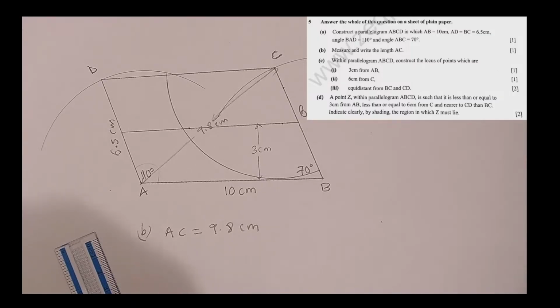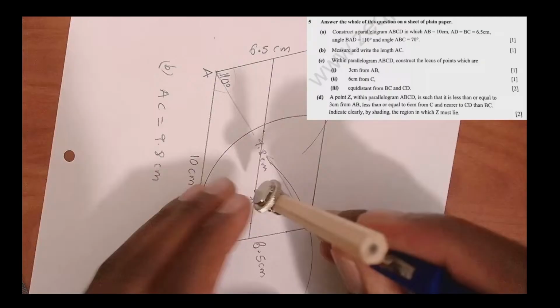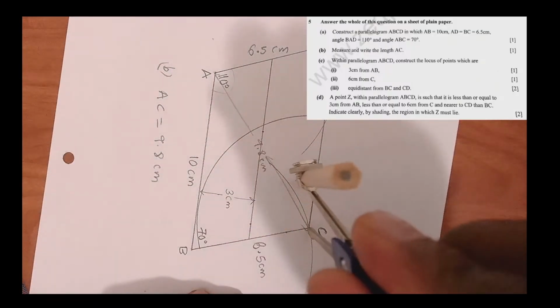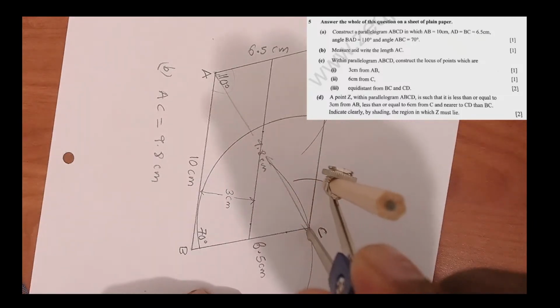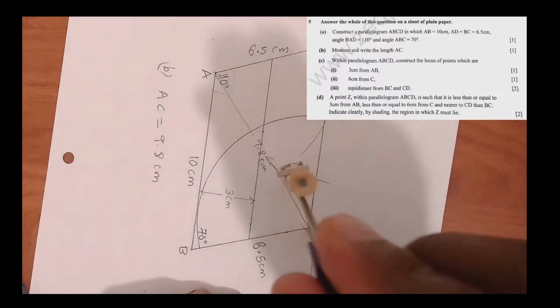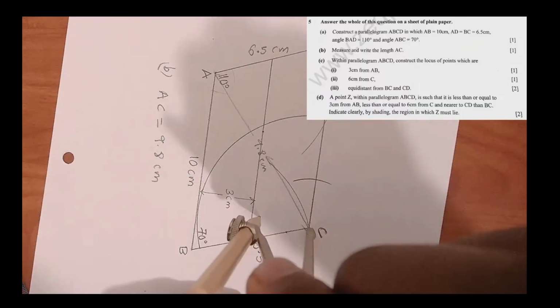Then equidistant from BC and CD. So again, the common letter here is C. So you are bisecting the angle C. So let us go ahead and bisect the angle C. I remember there was a point that I put already here. So I just draw an arc to cut DC, and to cut BC, right?